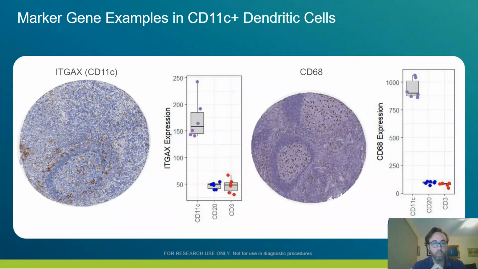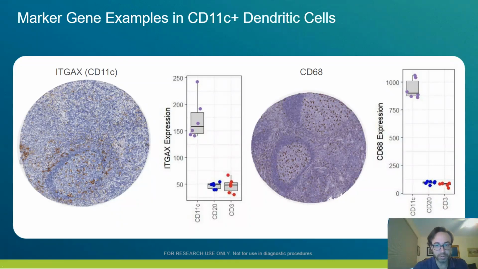Similarly, when we're working through understanding the biology of which cell types from the myeloid lineage might be present, we also see direct evidence that CD11C is staining specifically as we would expect. Its RNA gene symbol is ITGAX, but the protein name is CD11C, so when you're looking these up in the Human Protein Atlas, this is how you would find it.